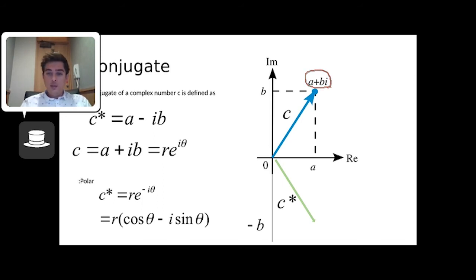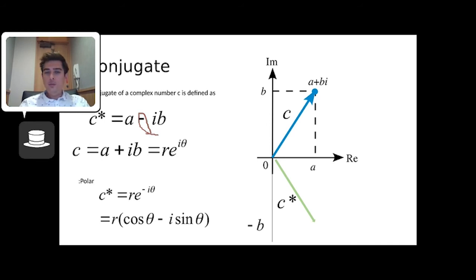complex number as just the same number, but the imaginary part has an extra minus sign. So this would be the conjugate of the original complex number here. This is A minus BI, and all we've really done is flip the sign of the imaginary part, right? So this is what this star here means.